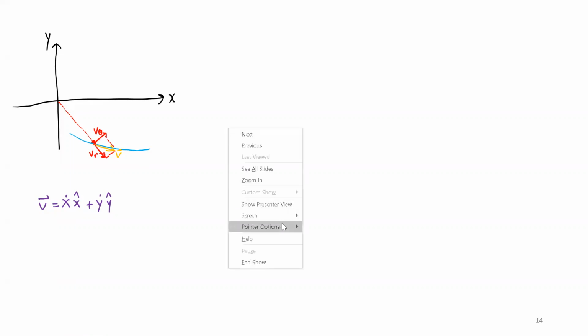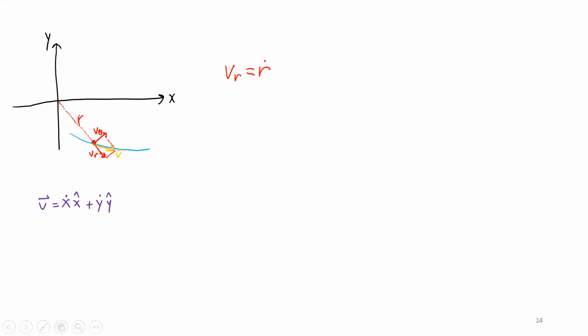Last time we have derived already that this v_r is r dot, where this distance is r, and this v_theta is r theta dot. This r dot describes how fast this particle is moving away from the origin.